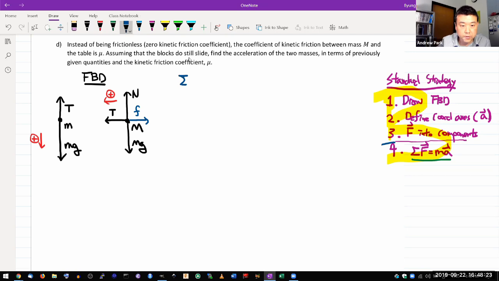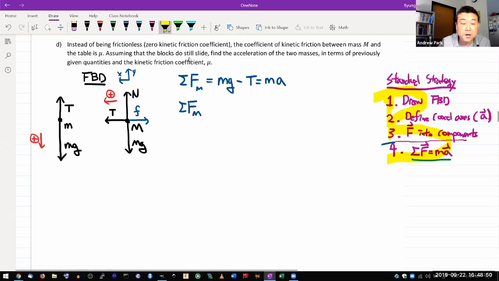The net force on the small mass m is going to be weight, mg, minus tension is equal to mass times acceleration, same as before. And I won't bother with the x directional forces since there aren't any. Net force on the big block. Now here, I actually do have to deal with the y and the x direction.